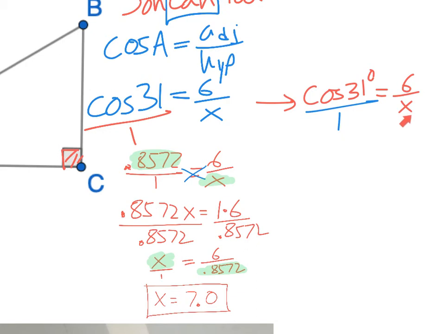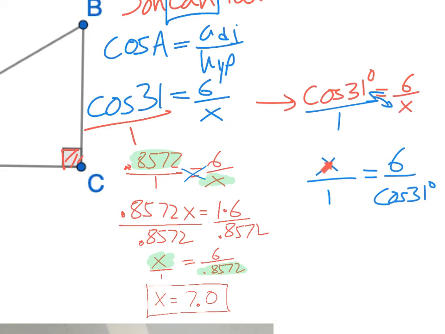Now, the x is on the bottom, so that's a little tricky. We could cross multiply, but we just found out that when we cross multiply, we've got this property of proportions, and this works with all proportions. I can swap them. I like to call this the swap property. I'm going to take cosine of 31, whatever that is, and the x, and they're going to swap places.